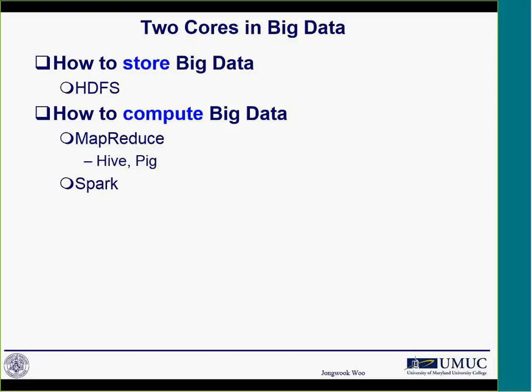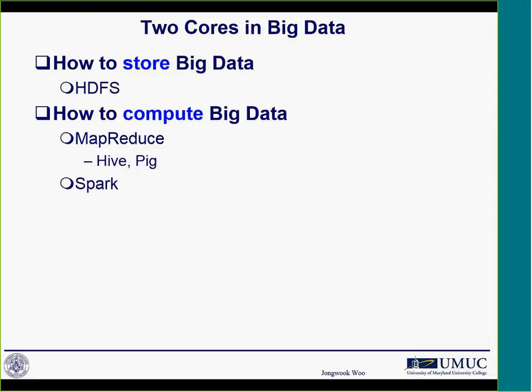And also, another important core is how to compute or how to process the massive data set. In Hadoop, MapReduce has been used. Also, its ecosystem, Hive and Pig, are running on top of MapReduce. I mean, Hive and Pig are translated to MapReduce tasks.